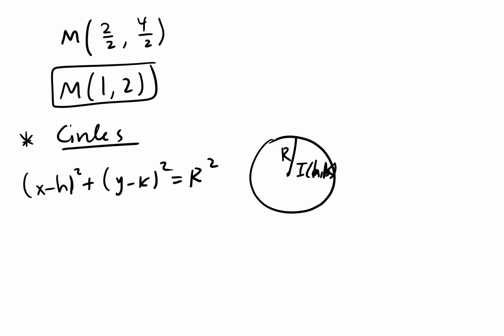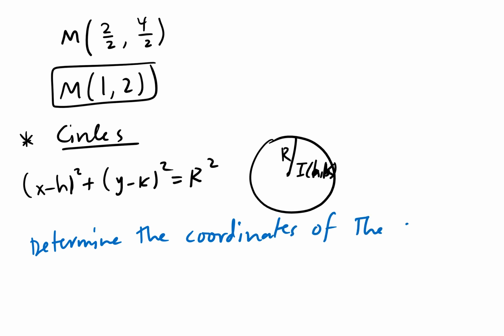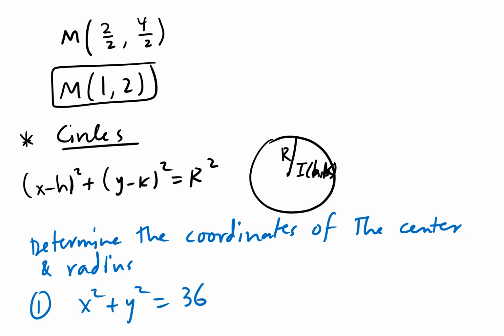Then here we can ask you to find or determine the coordinates of the center and radius for, let's say, x squared plus y squared equals 36.